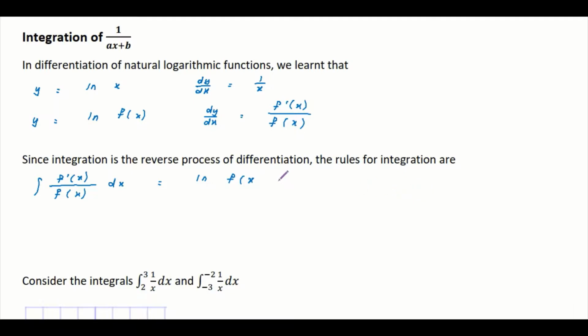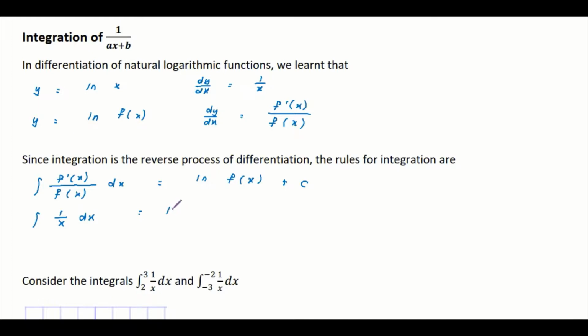I want to let you know this is the general one. But in your textbook, they try to split it into two different parts, because in pure maths 2 they are not learning this, so we are looking at a different scenario as well. We will look at this part in another lesson. So for today's lesson we are going to look at this only. Okay, so we have 1 over x dx. When we integrate, what do you have?